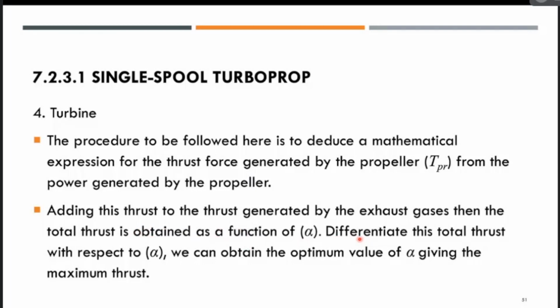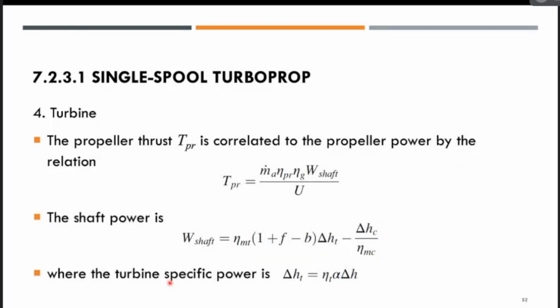And differentiate this total thrust with respect to alpha, we can now obtain the optimum value of alpha, giving the maximum thrust. If you can see here, the propeller thrust T_PR can be correlated to the propeller power by the relation.